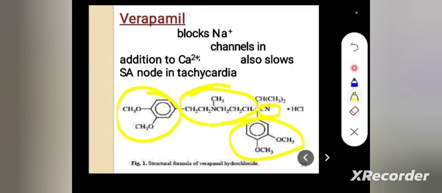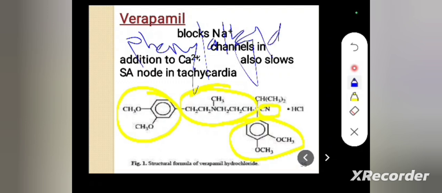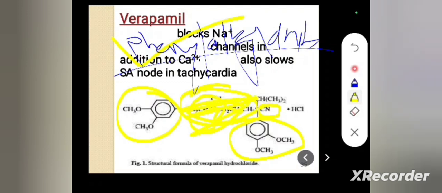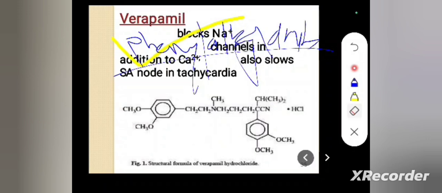Chemically, verapamil is a phenylalkylamine derivative, which contains different aromatic ether functional groups. It also contains a tertiary ammonium compound and a nitrile functional group. So it can block calcium channels as well as sodium channels and shows the antiarrhythmic property.